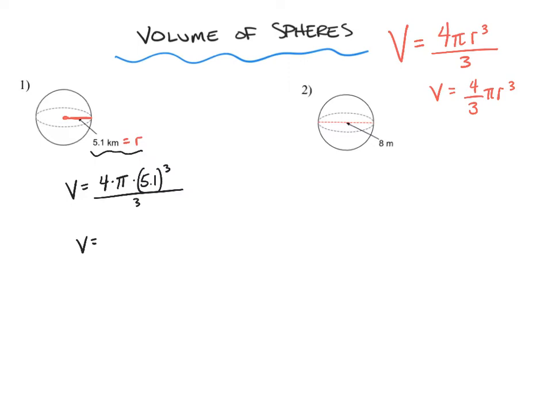So what we got here is 5.1 cubed. That means 5.1 times itself 3 times. So 5.1 times 5.1 times 5.1, and that's 132.651.